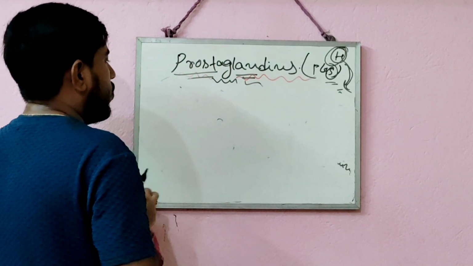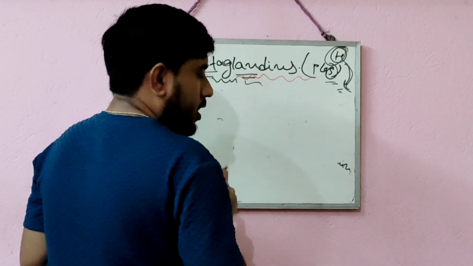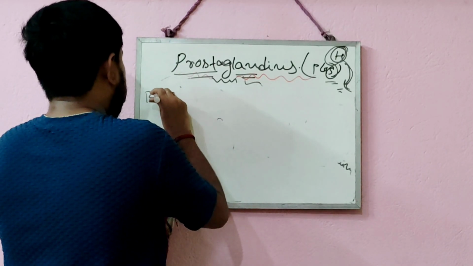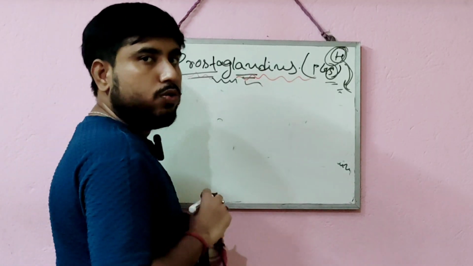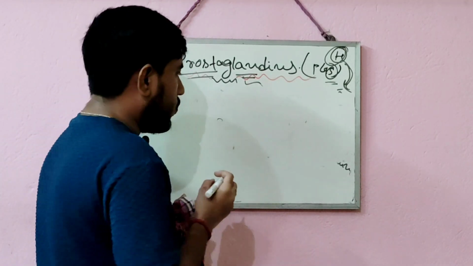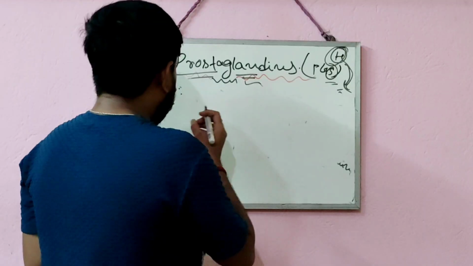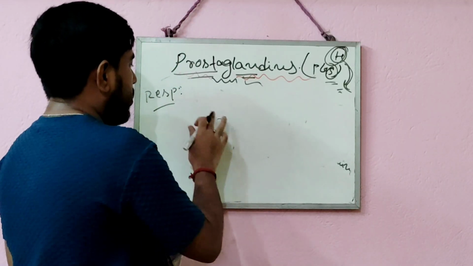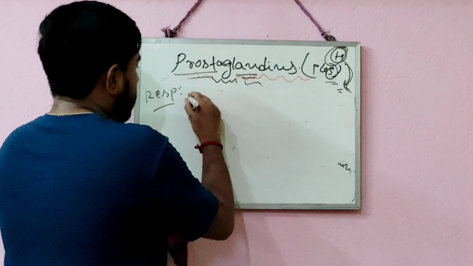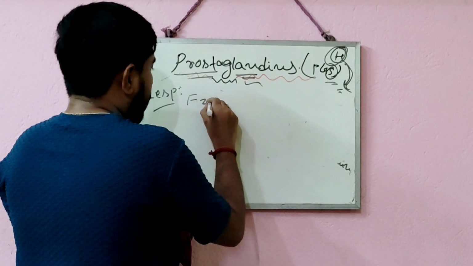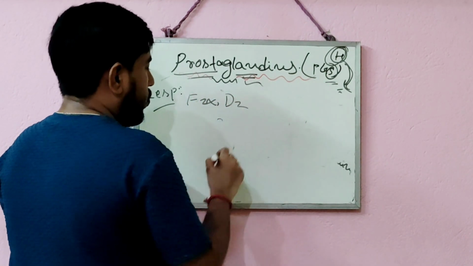Now we will discuss the role of prostaglandin in the respiratory system. I have told you different analogs are there, which I will discuss in the next slide. But here you just remember the role in the respiratory system, especially of prostaglandin F2 alpha and prostaglandin D2.